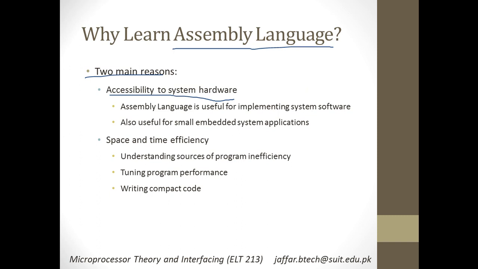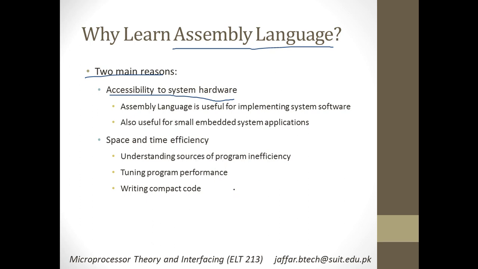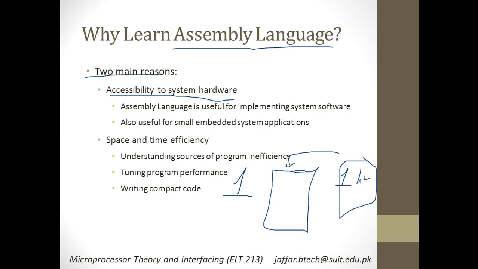The second reason is basically space and time efficiency. This is not the first thing that comes to mind, but if you are able to write a code in ALP, let's say in one day, in future you will be able to write the same code in high level programming in, let's say, 1 hour. So it will give you higher time efficiency in future. You will be able to understand different sources of inefficiency that cause your program to work inefficiently.